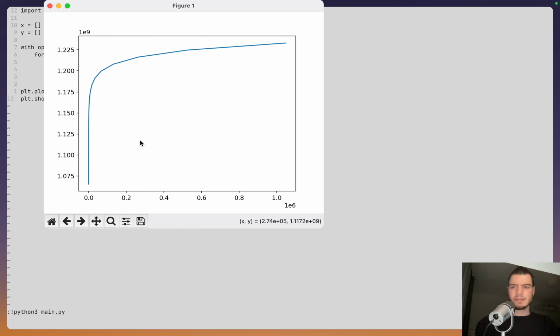We can see that we get a plot that looks roughly like a logarithmic function with a couple of important differences. But we can see that this kind of confirms what we saw when we were printing the values, where for higher floating point values, again, on the x-axis, we have our floating point values, and we have an implicit times 10 to the power of 6, so 1 million on the right-hand side.